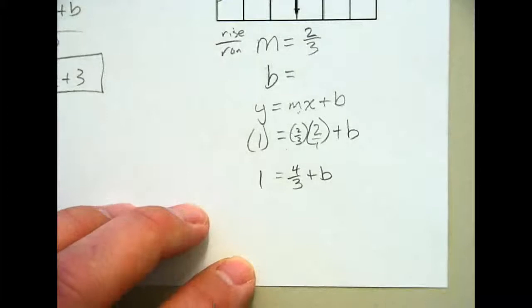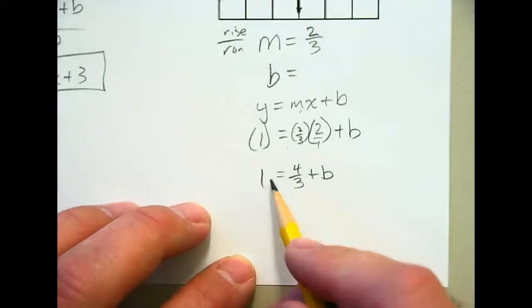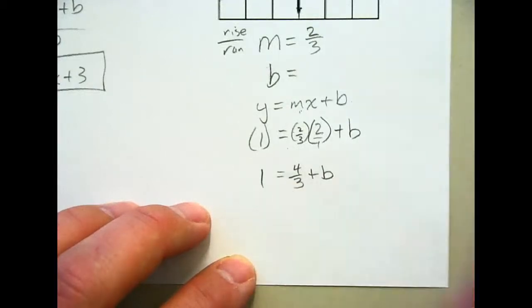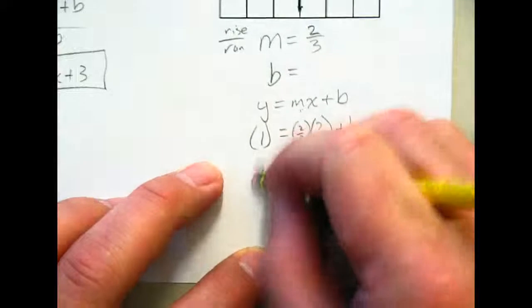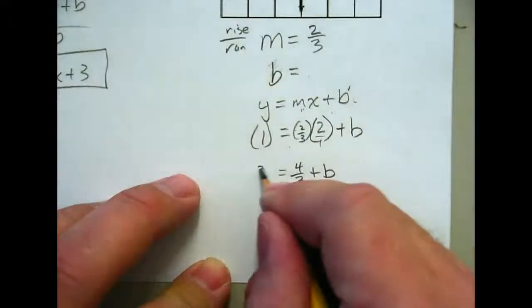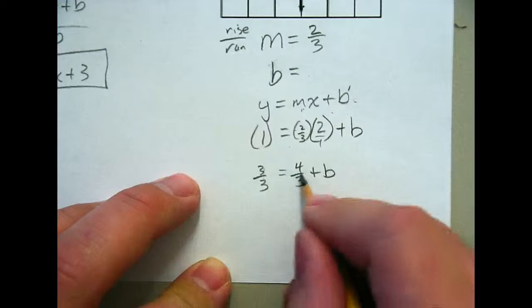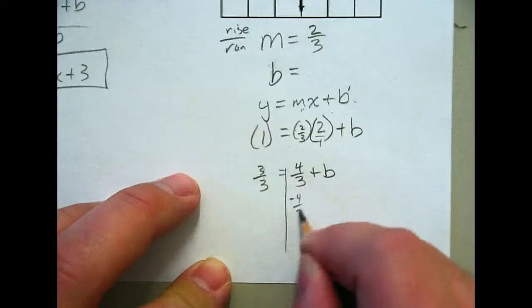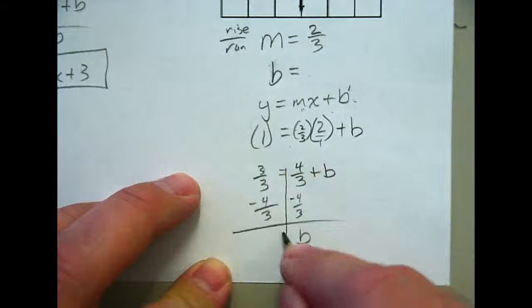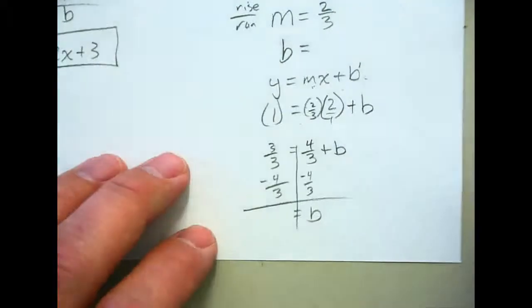And some of you look at that and go, dude, that's still tough. Okay, well think of 1 in terms of thirds. So what's 1 times 3? It's 3. So 1 in terms of thirds is really how many thirds? 3/3. So if I subtract 4/3 from both sides, I'm at b equals, what is b?